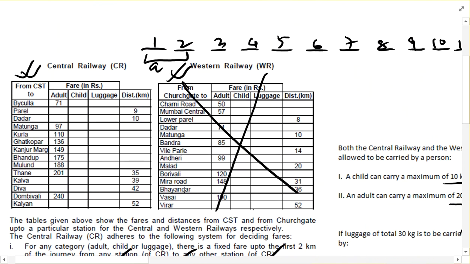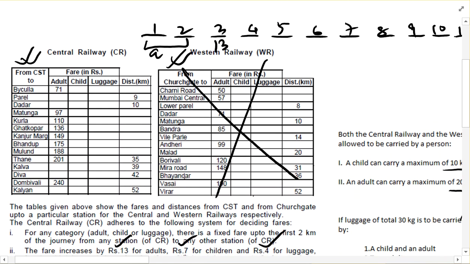So if you travel the third kilometer, you'll pay 13 extra if you are an adult, 7 if you are a child, and 4 for extra luggage.